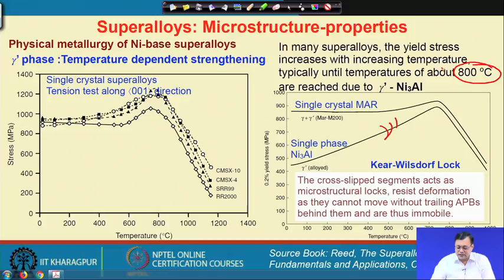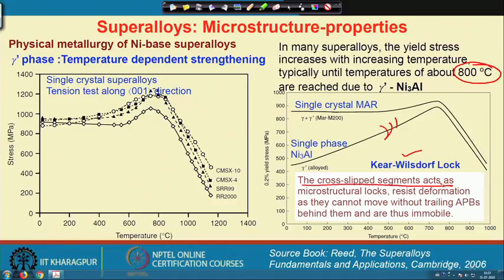This is explained with the Kerr-Wilsdorf lock, in which the cross slip segment acts as a microstructure lock, because just a minute ago I explained the antiphase boundary energy and so on. If we have an APB, antiphase boundary, then dislocation movement is restricted.